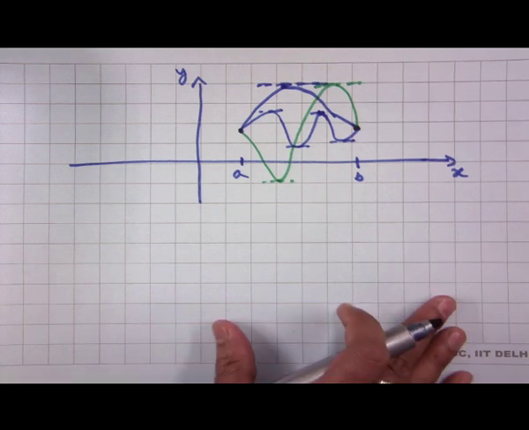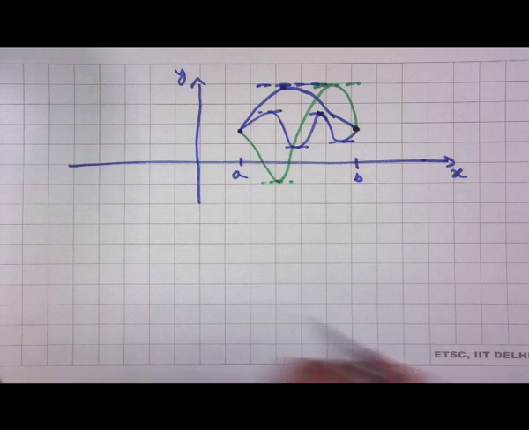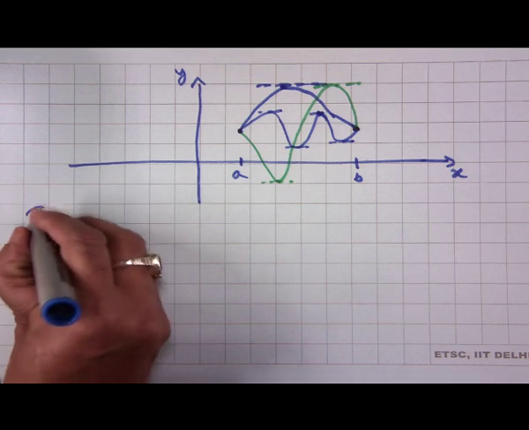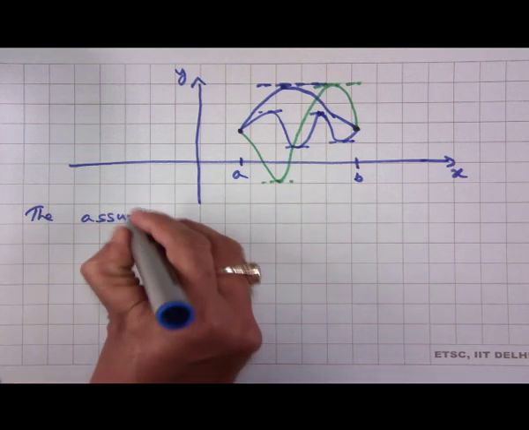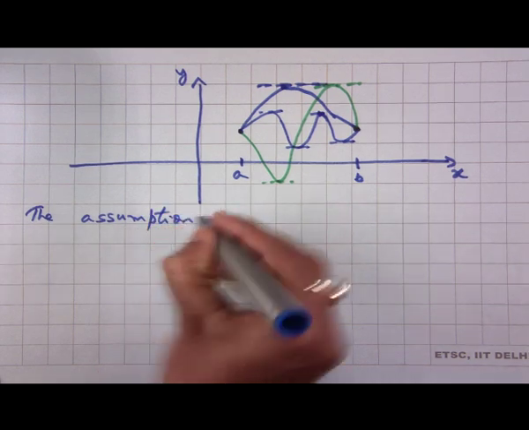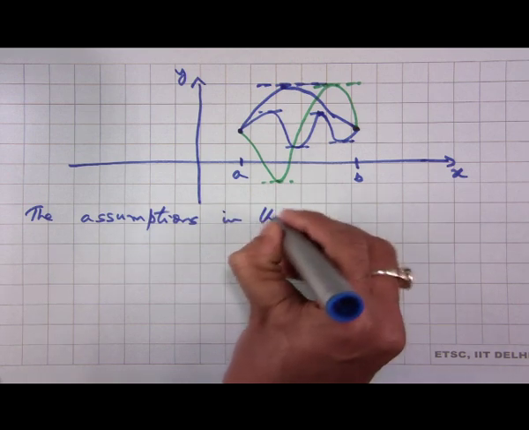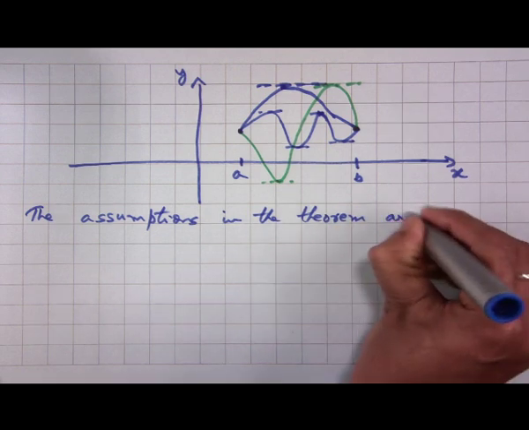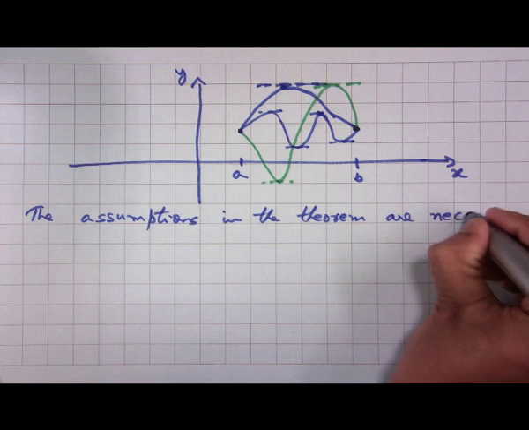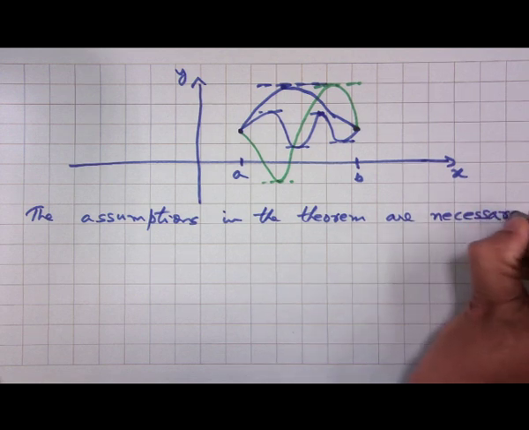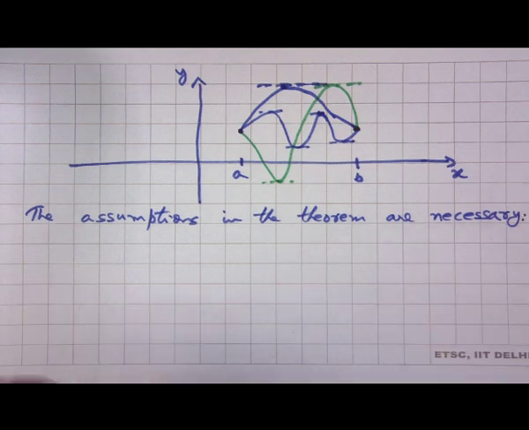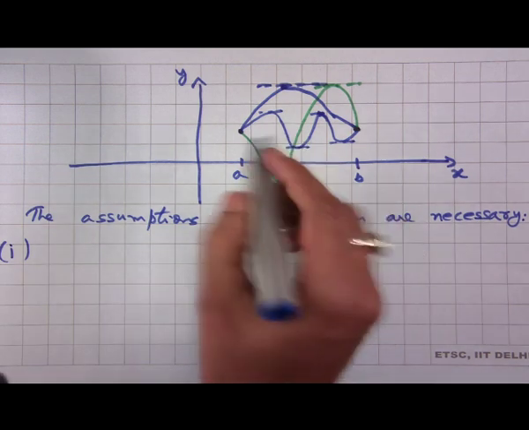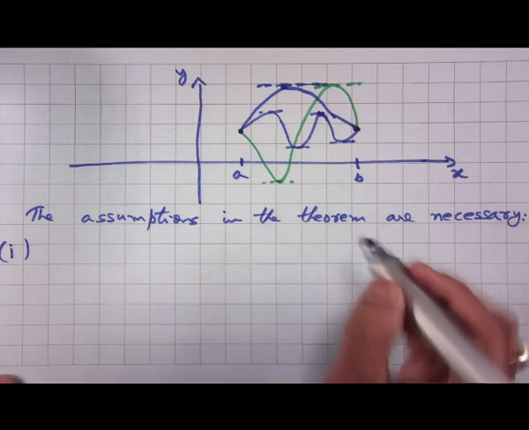Before explaining the proof of this theorem, let us try to see that the assumptions in the theorem are necessary. The first one says that f is assumed to be continuous on the closed interval [a, b].